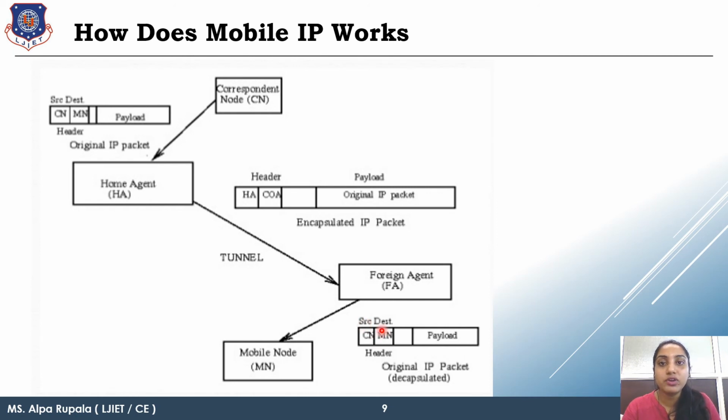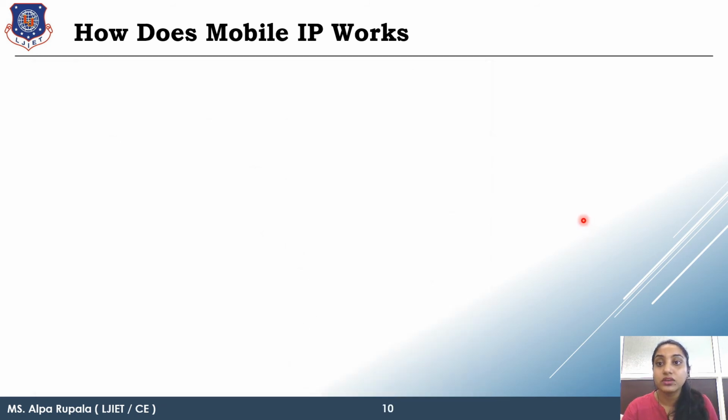If it is IP within IP encapsulation, then the extra header will be discarded by the foreign agent and the remaining portion, your original IP packet, will be sent to your mobile node. Okay, so this is the process of tunneling and IP within IP encapsulation.